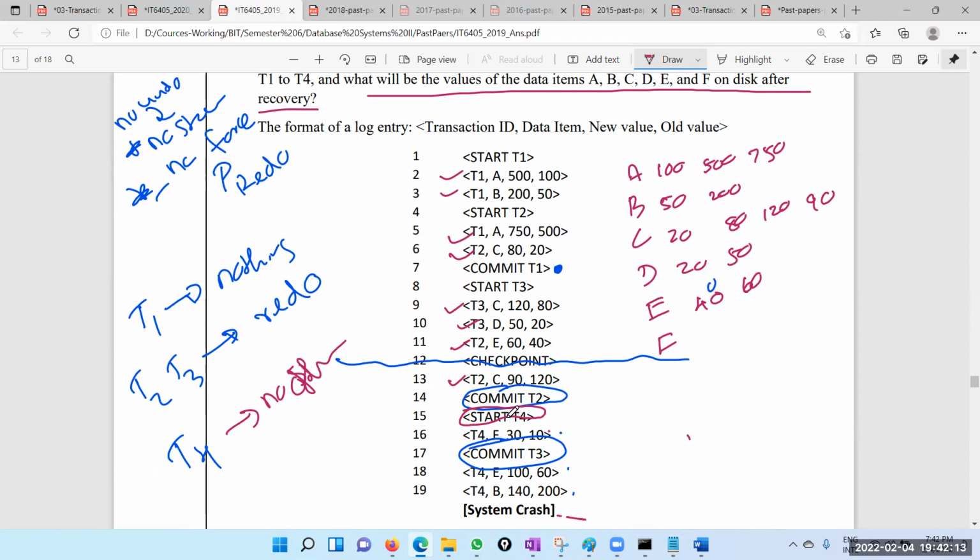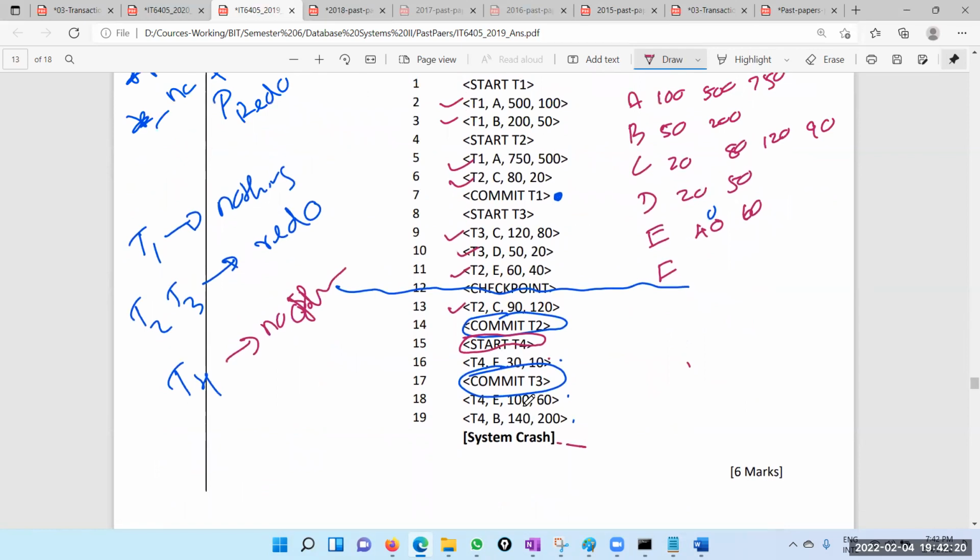Right, now we are not going to do these things, the transaction 4 related things. Why? Transaction 4 related things are not committed. So if it is not committed, we are not going to do that. But anyway, we have to look at the values. Right? We look at the values.